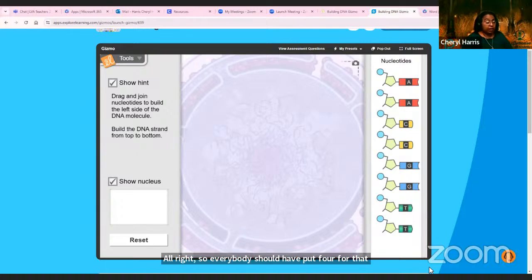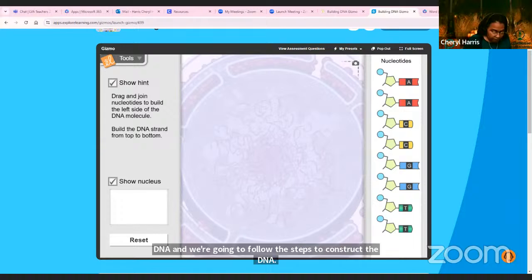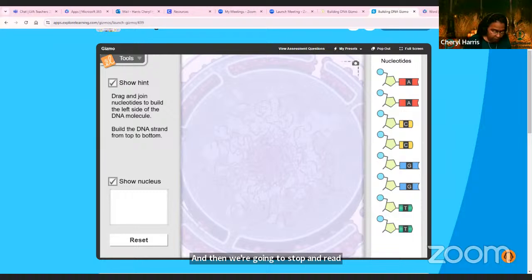Now we're on activity A. Everybody should be on activity A. It says we're going to build the DNA and follow the steps to construct it.